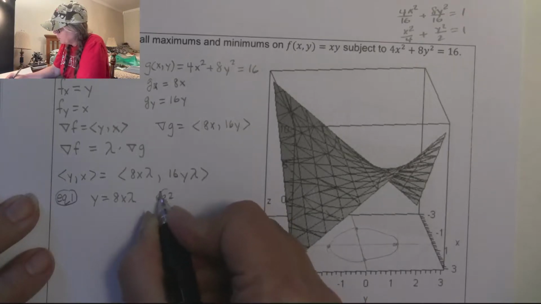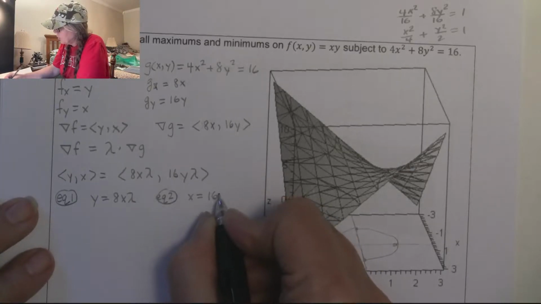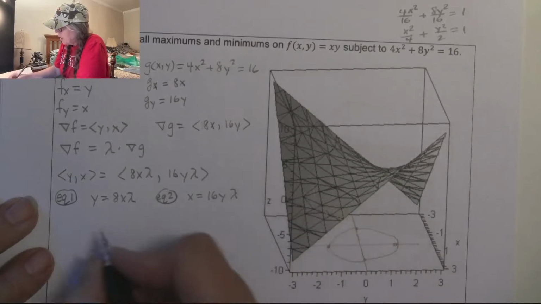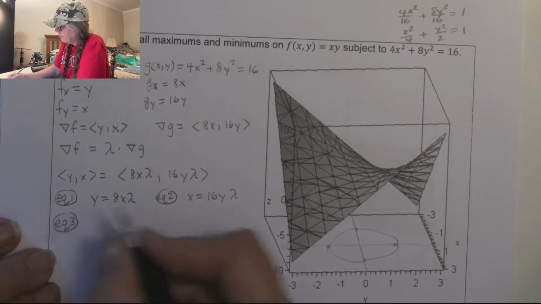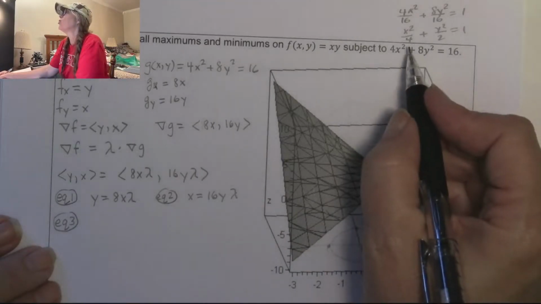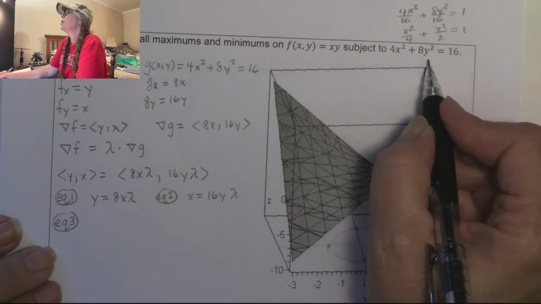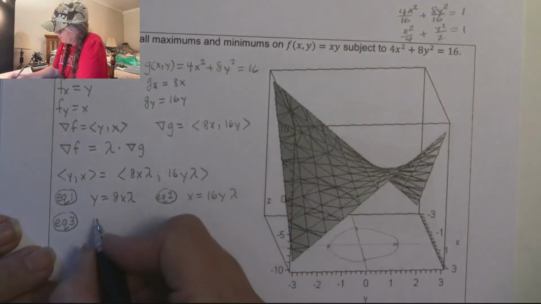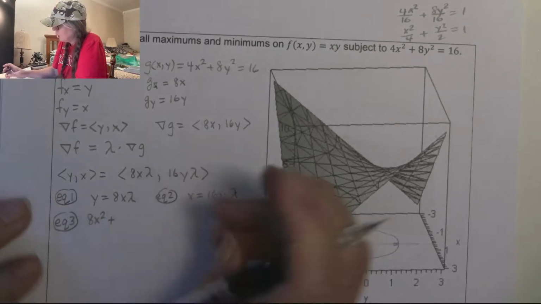Equation 2, x equals 16y lambda. And equation 3 is your constraint, x squared plus 8y squared equals 16.